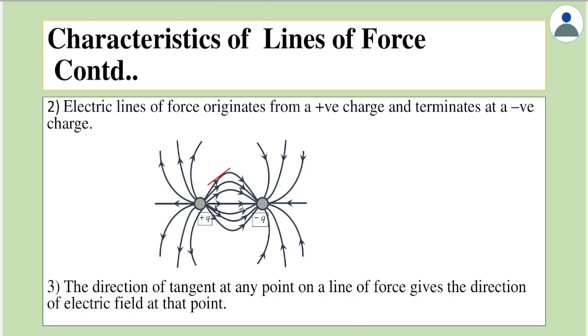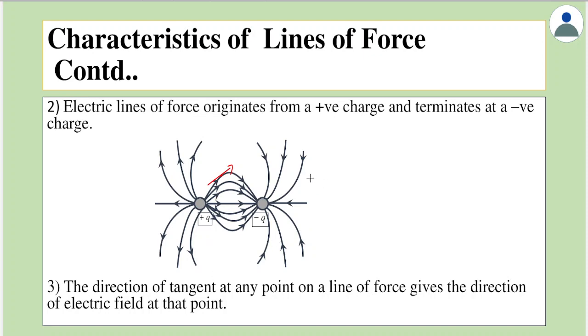Since the field lines are going like this, the tangent will have a direction like this. So the direction of the tangent at any point on a line of force would give the direction of the electric field at that point.